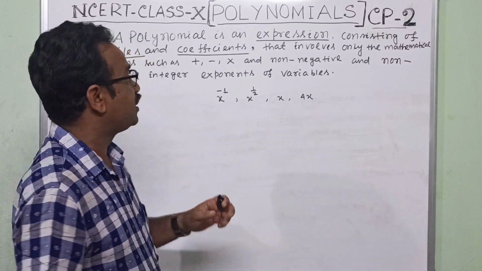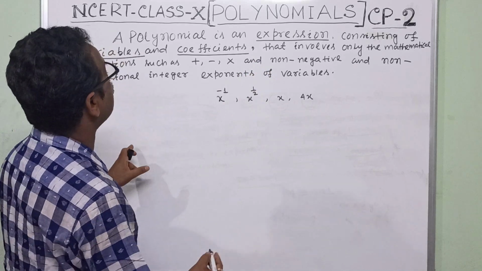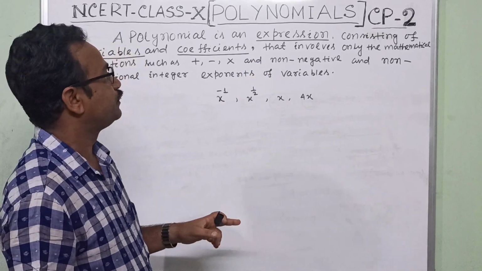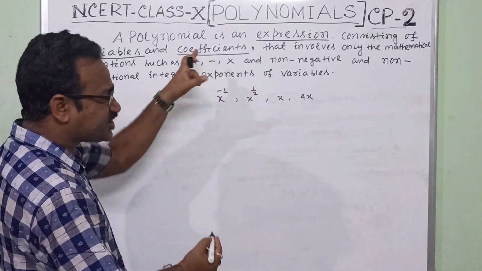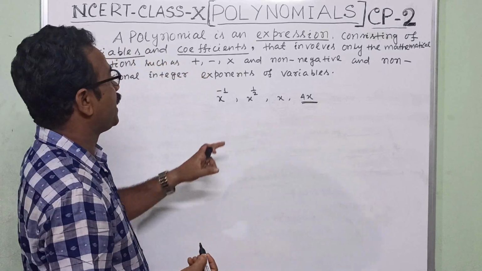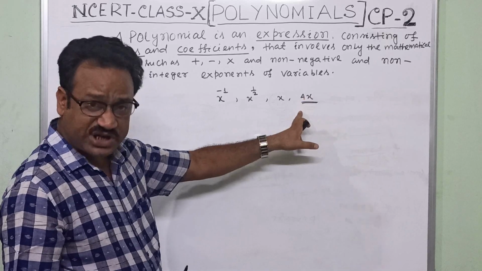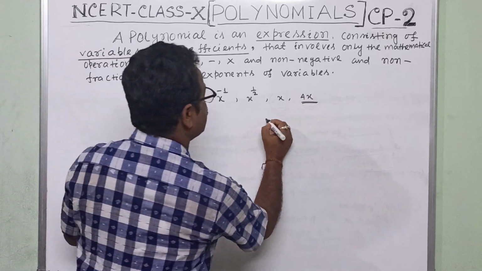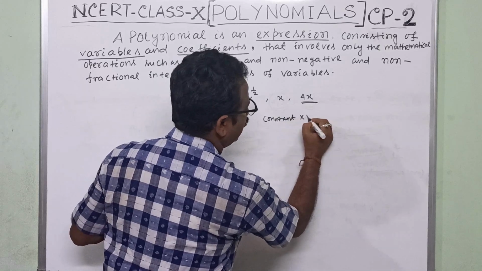From the definition we already know a polynomial is an expression consisting of variables and coefficients, constants. The coefficient of x in 4x is 4, which is a constant term, multiplied by the variable.